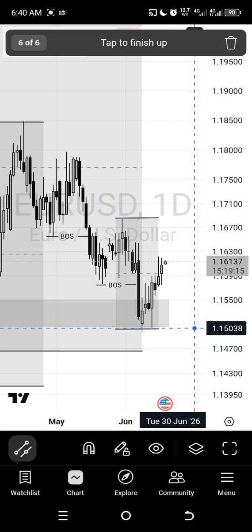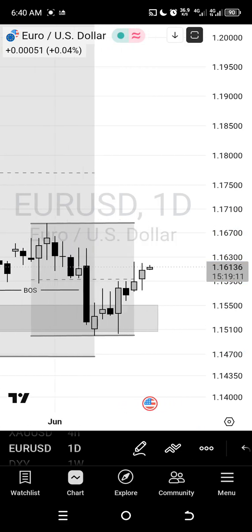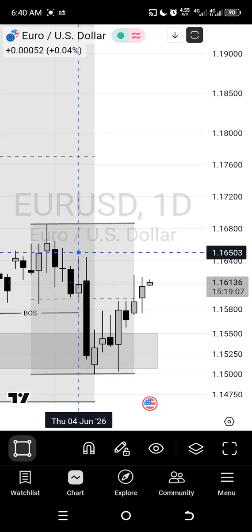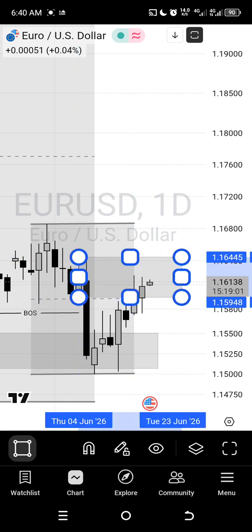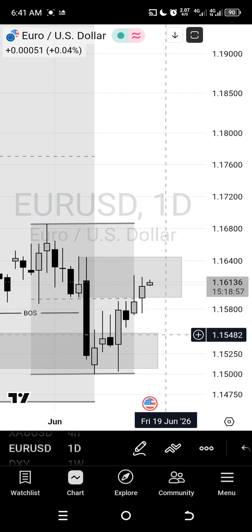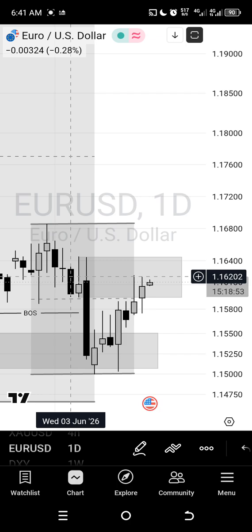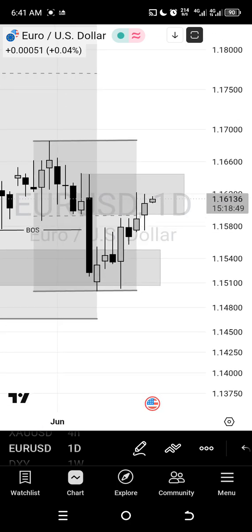So our job is to divide the chart into two and mark up our key levels. Got this bullish order block. I call it the order block because it generated liquidity on the left hand side. This bullish candle swept the previous candle high, and that is a liquidity signal.